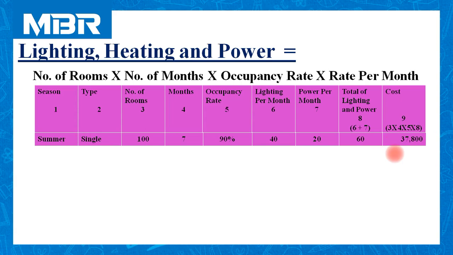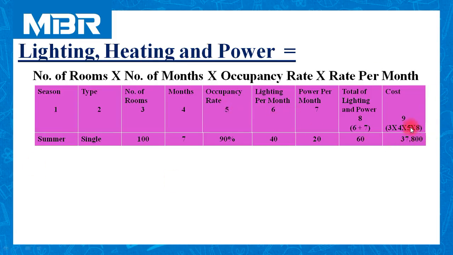Here I have completed my calculation for lighting and power in combined form. If you want to calculate cost of lighting separately and cost of power separately, you can do it. In this situation, you need to prepare your table in two different parts. First, calculate everything for lighting and then calculate everything for power.